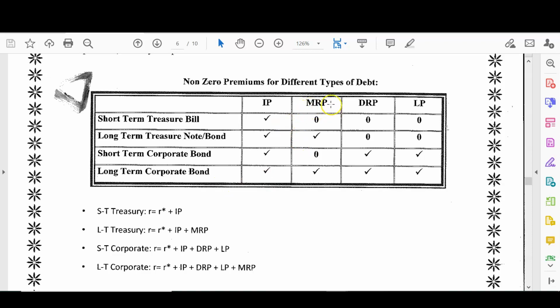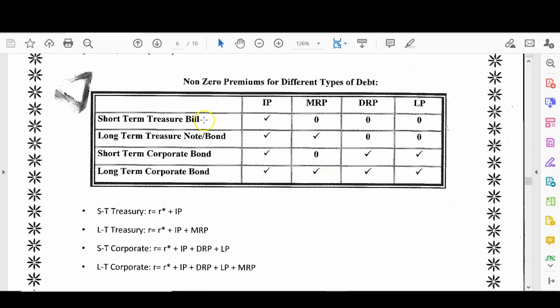For maturity risk premium, for bonds with a longer term, there's a higher maturity risk, so it only applies to long-term bonds. We only say yes to maturity risk premium for long-term treasury bond and long-term corporate bond. No matter if it's treasury or corporate, as long as it's long-term, it has maturity risk premium.